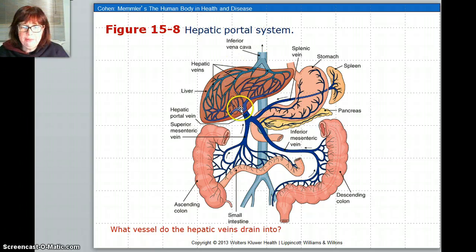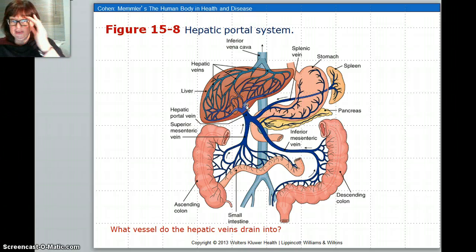This is called the hepatic portal system because the system ports it to the liver. And in the liver is where detoxification occurs, and different metabolic processes are occurring. So it'll take all those broken down nutrients from the intestinal organs to the liver.